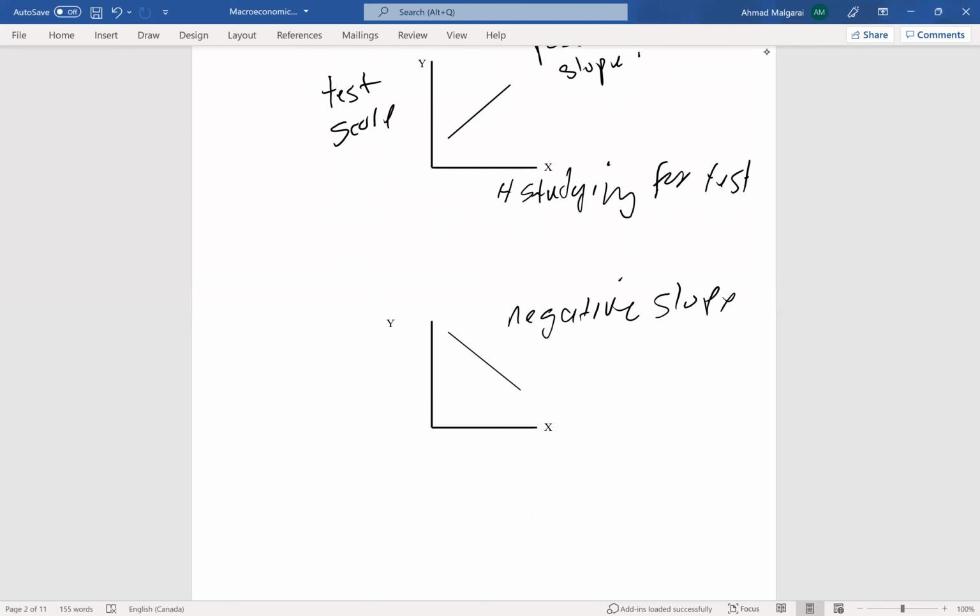An example we can say is the demand curve. If the quantity of good consumed, X, varies as its price varies.